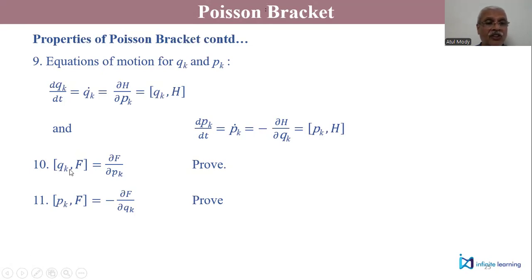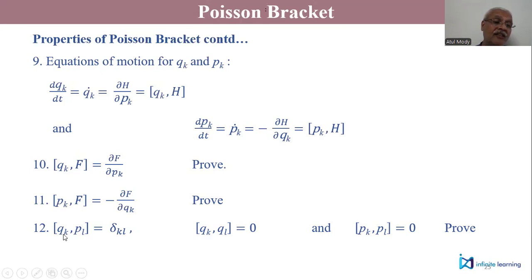That's because you see, if you go by dou qk by dou q into dou f by dou p minus dou q by dou p, dou f by dou q, but dou q by dou p will become zero because if you differentiate coordinate with momentum, they are supposed to be independent, so that term will be zero. But since the q and p derivative orders are interchanged, if you take p, you will get that extra negative.